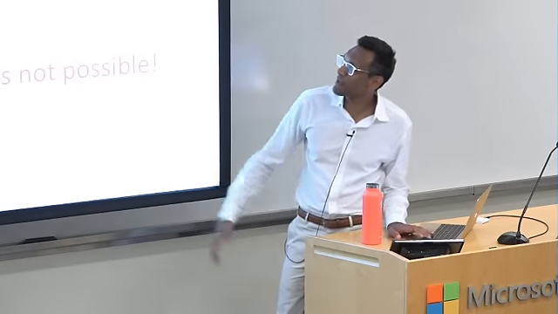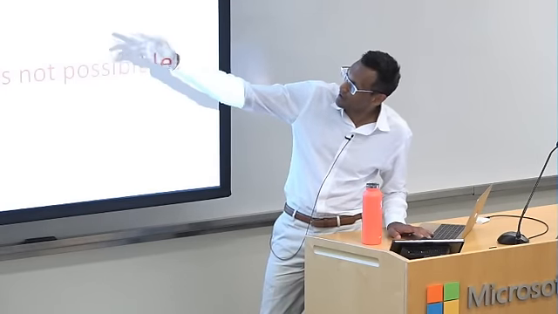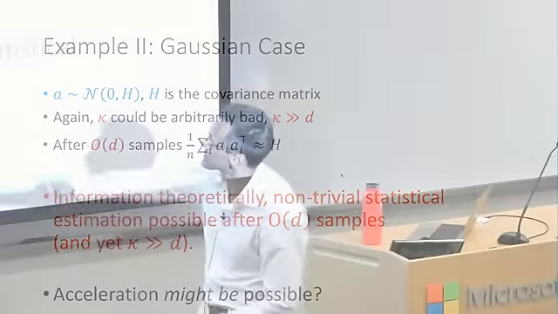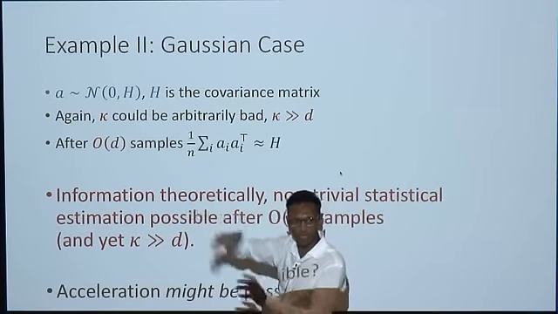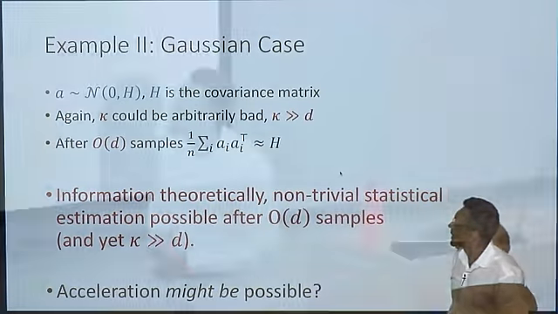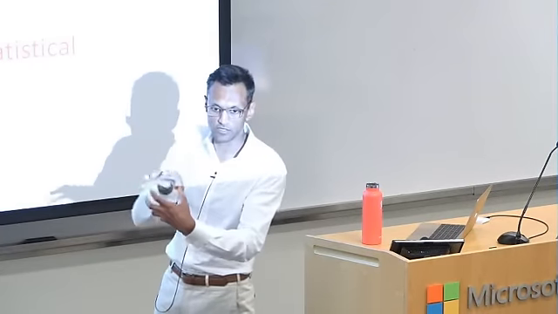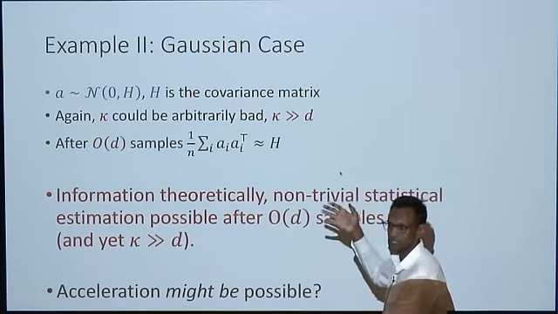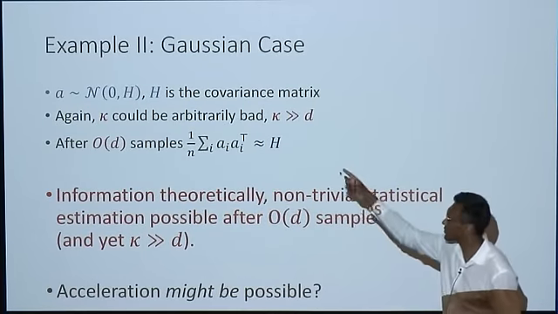That's the short answer. So let's look at one more example where, when you see this, you realize something fishy is going on. Aside from the distribution on the standard basis vectors, another nice distribution to think about is a Gaussian. Suppose A comes from a Gaussian distribution N(0, H), because H is the same as E[AA transpose]. Here the condition number is going to be the condition number of the matrix H. So we're getting samples from some, say, poorly conditioned ellipse. You have a Gaussian distribution whose covariance matrix is very poorly conditioned.